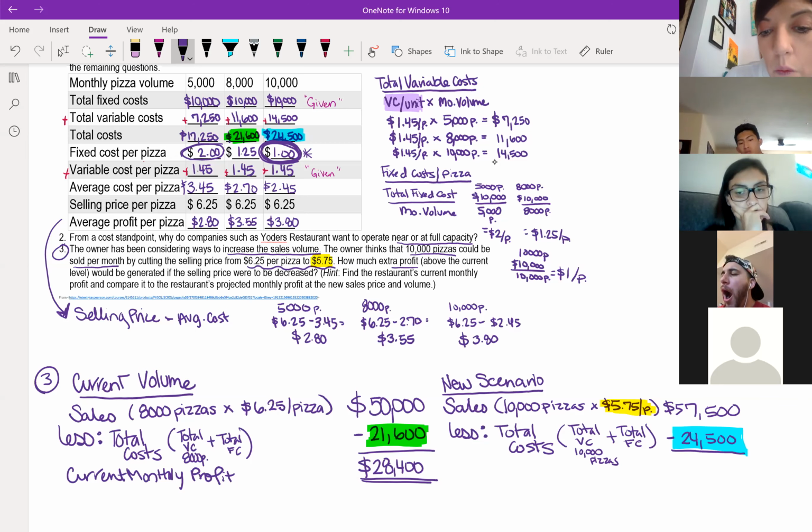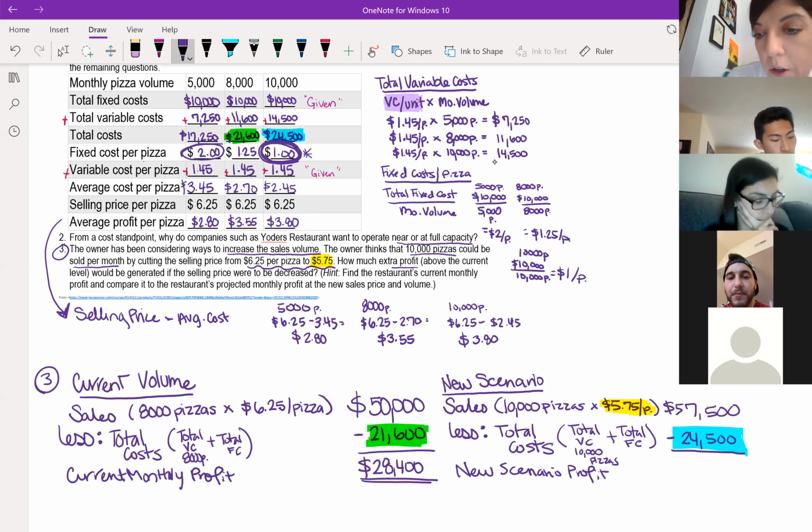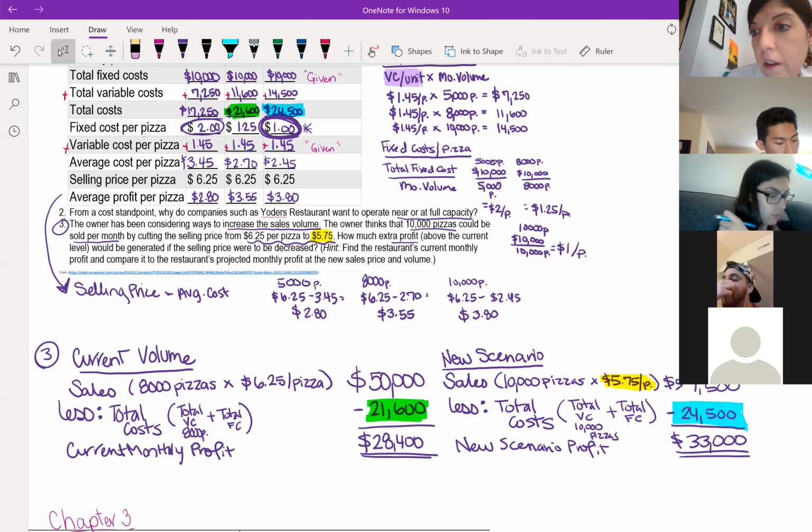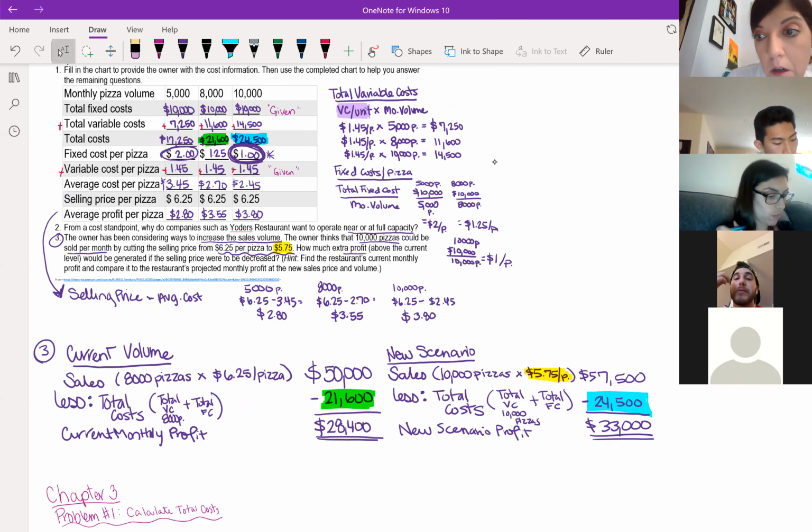So under the new scenario, what's my profit going to be? $33,000. So if I was to adopt this, would you adopt this? Yes or no? Yes, because it's going to increase the profit.